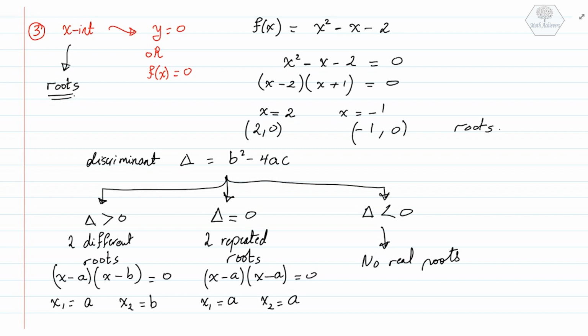It is so essential in the IB. Many questions come on the discriminant. If the question says that a certain function has two different roots, or only one root, or two repeated roots, we have to use the discriminant to solve this question. This part is so important.